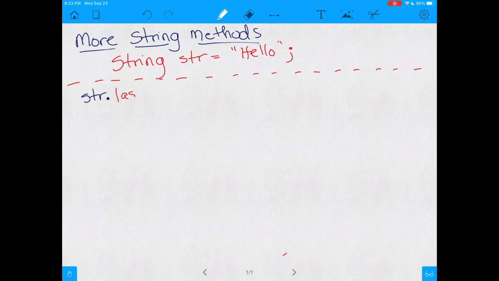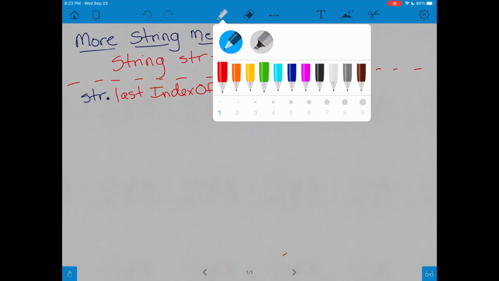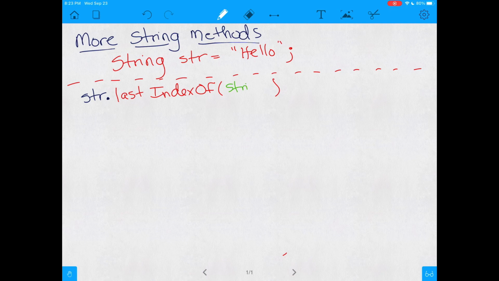So two of those, we start with str dot, and then we talked about this a little bit, we have lastIndexOf, with a lowercase f. And this parameter is a string. Very similar to indexOf, this does exactly what you would think.